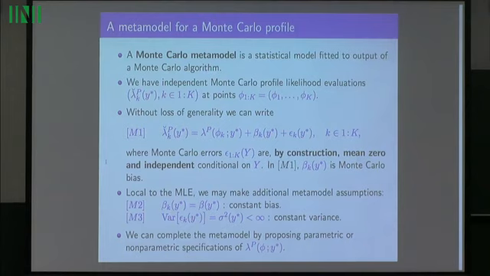Equation M1 really just says we're going to model these, where the little check marks represent Monte Carlo quantities. So the Monte Carlo profile is going to be the actual profile plus some bias plus some noise. This noise is going to be independent by construction because we're using separate Monte Carlo seeds at different profile points.